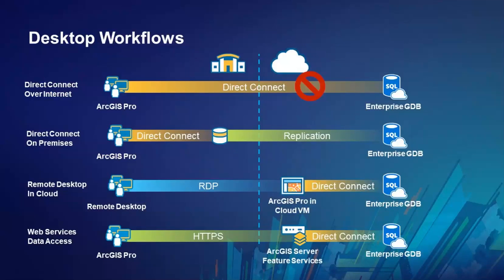And physics dictates that the network between where your users are and where your data is will now have more latency on it. And that means that traditional direct connect from my ArcGIS Pro on my laptop to that enterprise geodatabase in Canada Central data center is not going to be a productive way to move forward.